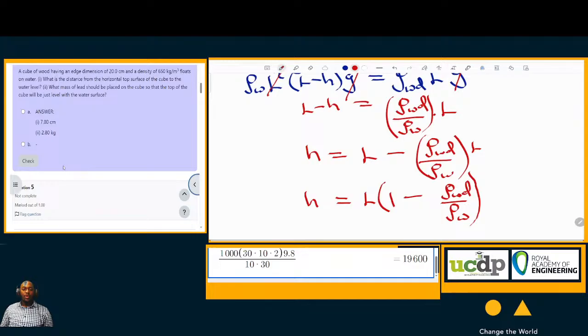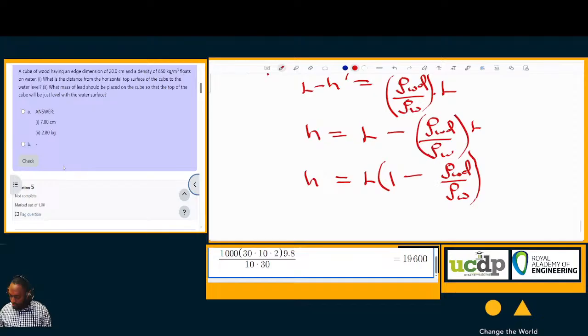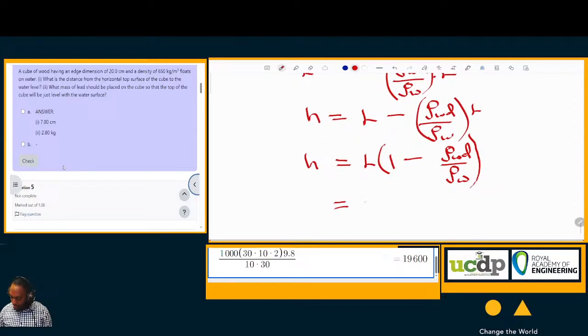And the L, you know, is 20 centimeters. The density of wood you're given, so we can work this out. The length is 20 centimeters, which is 0.2 in meters.